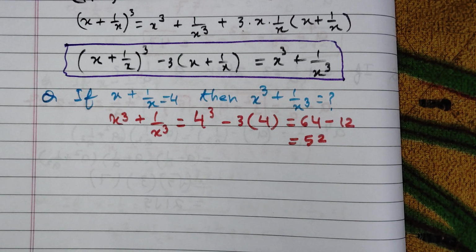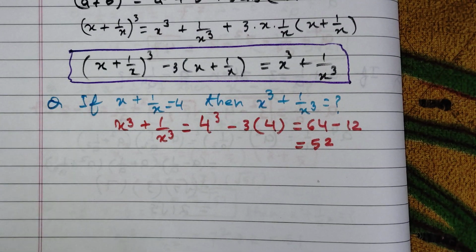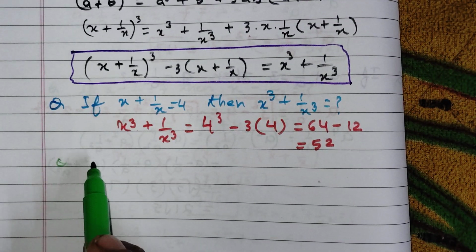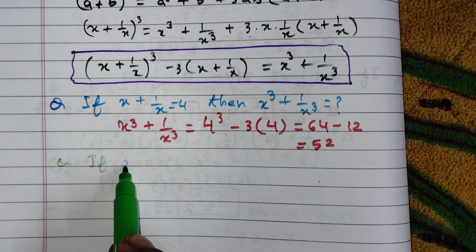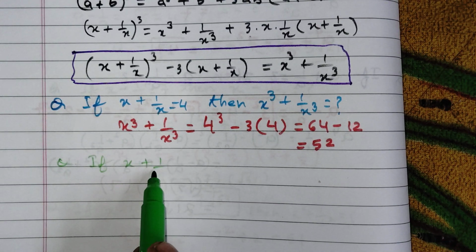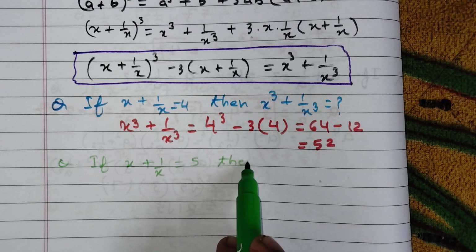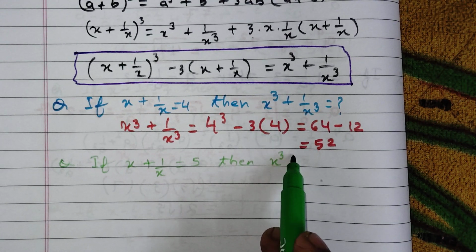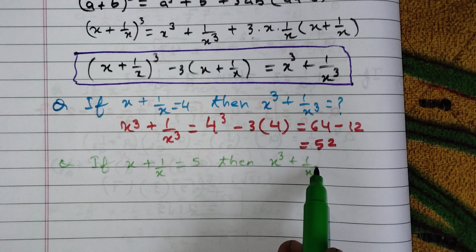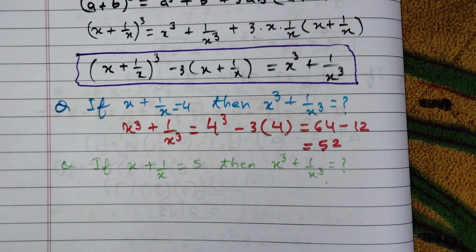Next question is, if x plus 1 upon x equal to 5, then x cube plus 1 upon x cube is question mark.